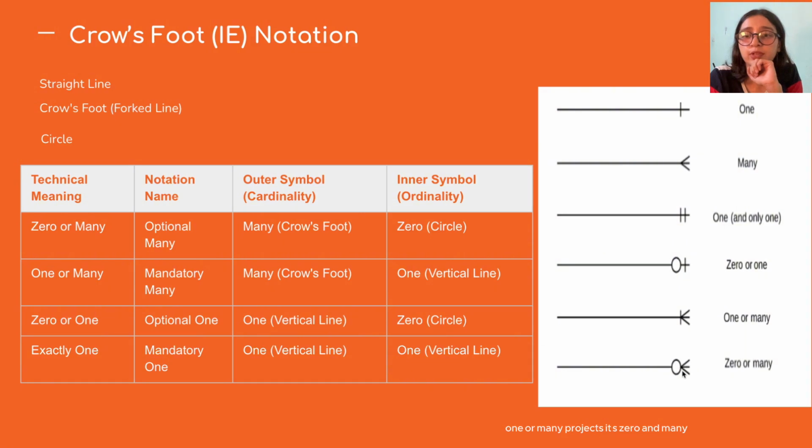It's zero and many. We will be looking more in depth while we design the database model itself. So I hope you will be familiar with these lines and this circle. One, just a single stroke, is one. The crow's foot is multiple. And if we see zero, the ordinality, it means optional. Just remember these three things.